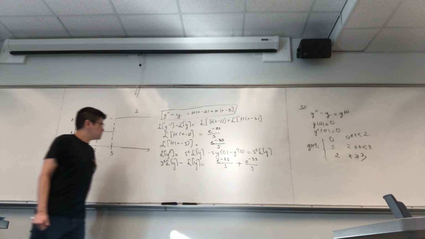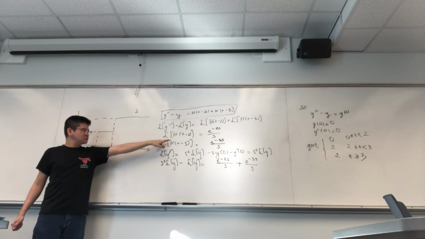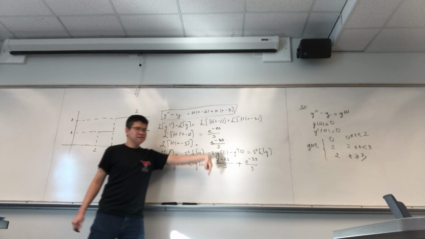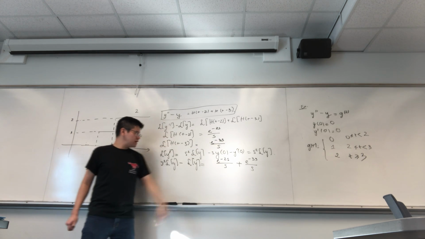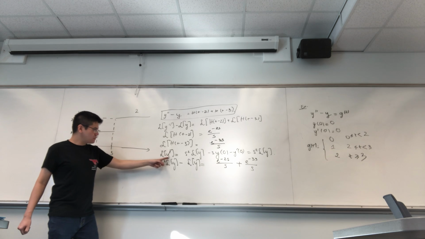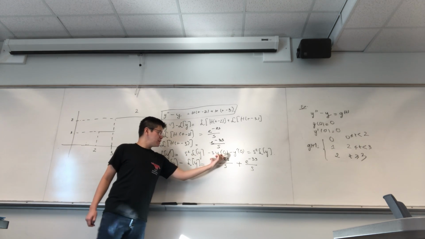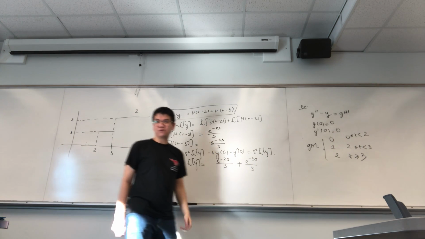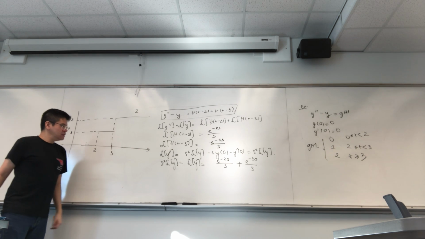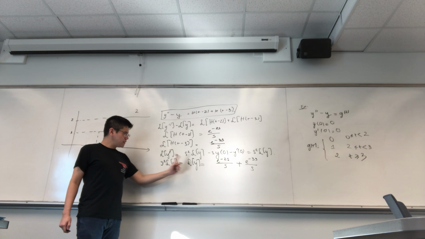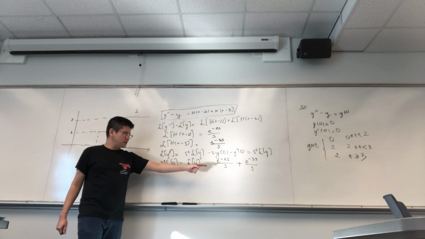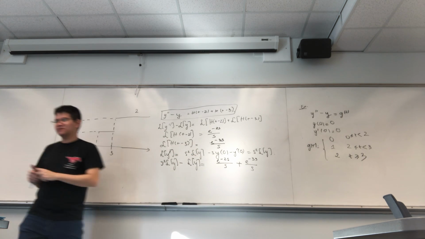The Laplace transform of H(t minus 2) is e to the power minus 2s over s. The Laplace transform of H(t minus 3) is e to the power minus 3s over s. The Laplace transform of y double prime is this guy, but all of those are 0, so you have s squared Laplace transform of y. I put everything into the equation: s squared Laplace transform of y minus Laplace transform of y is e to the power minus 2s over s plus e to the power minus 3s over s.